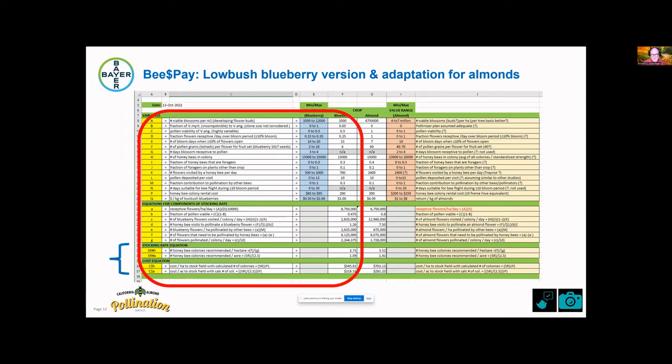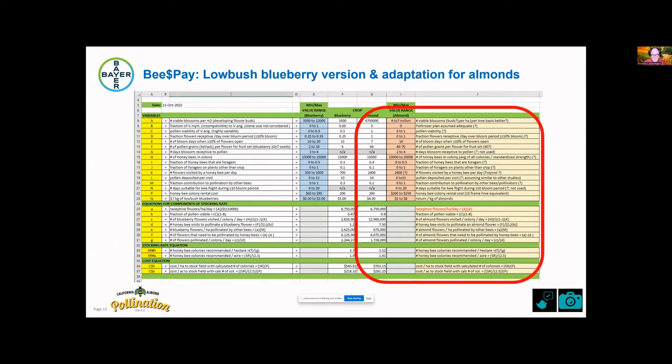The third and fourth sections are the results, including stocking rate per hectare converted to per acre for convenience, and cost of stocking per hectare and per acre. So we're looking at stocking rate of bees plus the cost of stocking rate.